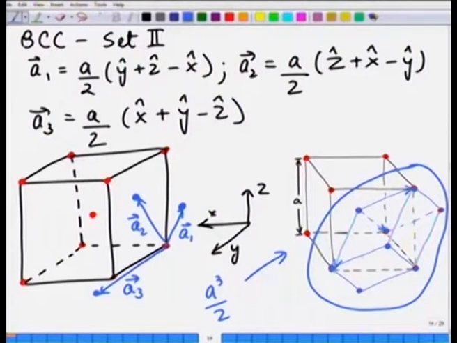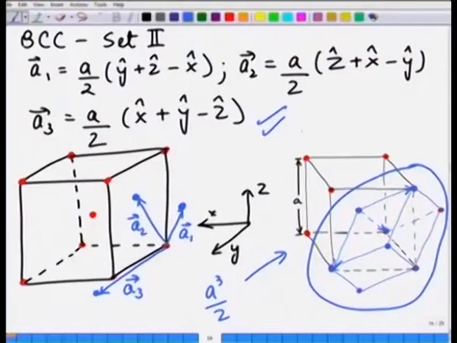Therefore, you can clearly see that this is a primitive unit cell. So, it is always possible to make a primitive unit cell out of any cell, whether it is BCC, FCC or any other, and there is no unique way of making a primitive cell. For the case of BCC, I have shown you 2 ways of making a primitive cell, and eventually we will use this particular definition of lattice vectors for the primitive cell.